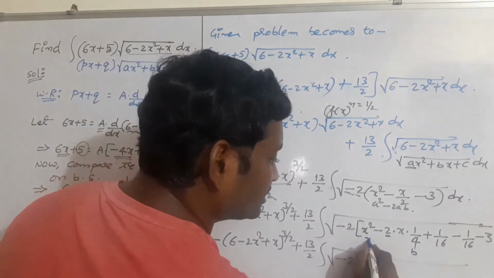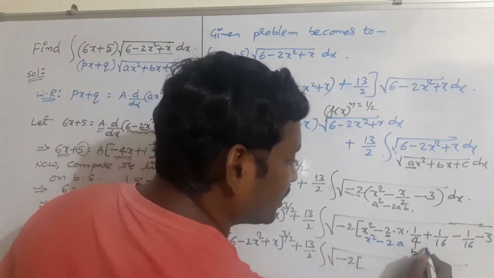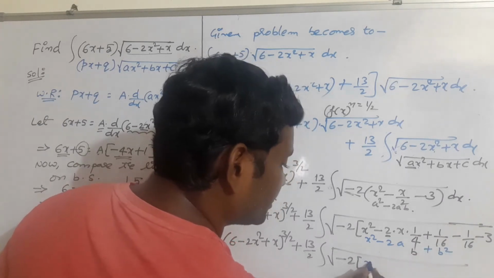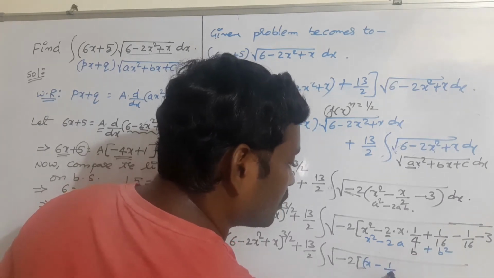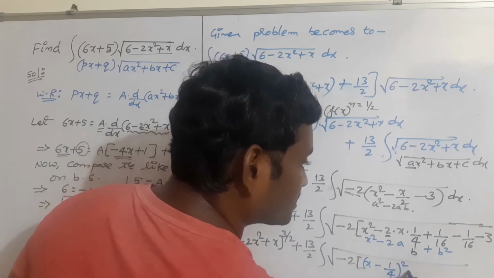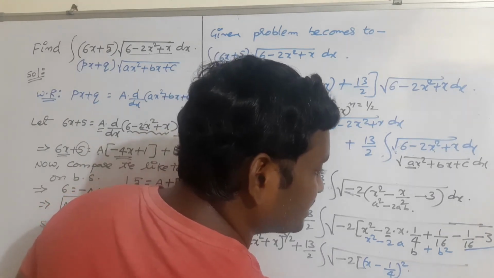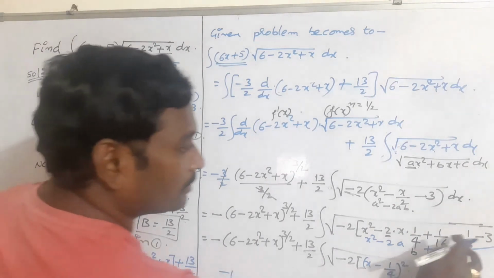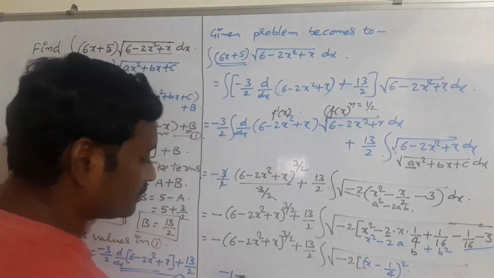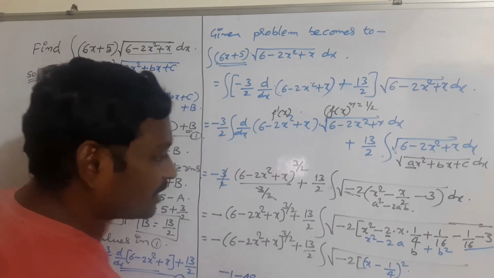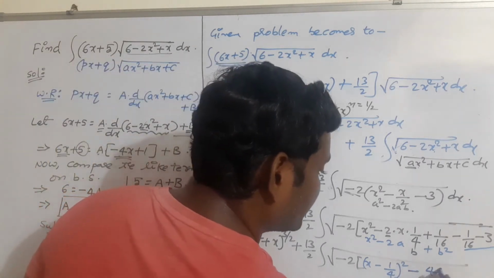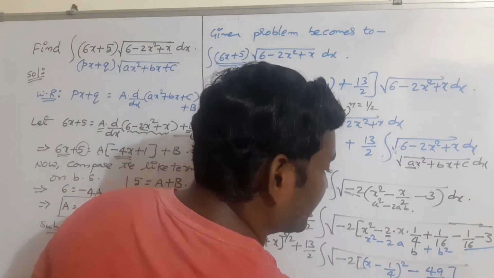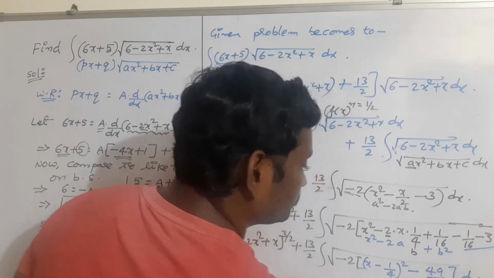How can we write the first 3 terms? x square minus 2ab plus b square. That's why it is (x minus 1 by 4) whole square plus, what about this one? 16 is the LCM. Minus 1 minus 3 16s are 48. So minus 1 minus 48, minus 49 by 16. Close the brackets into dx.